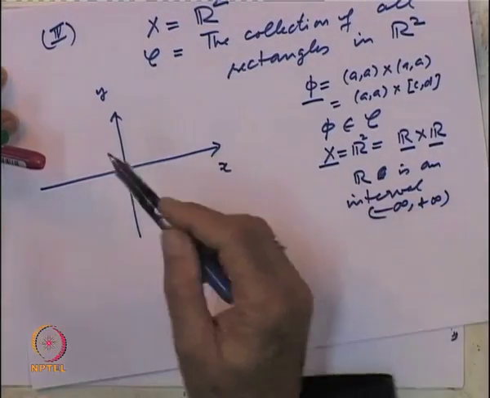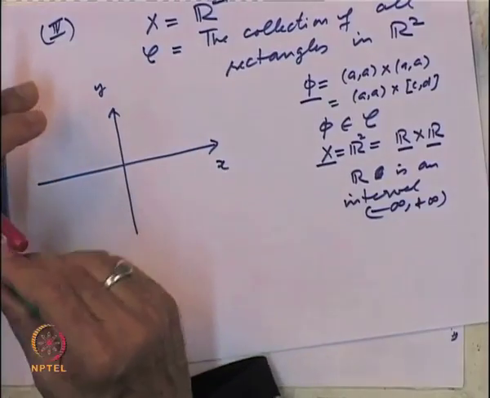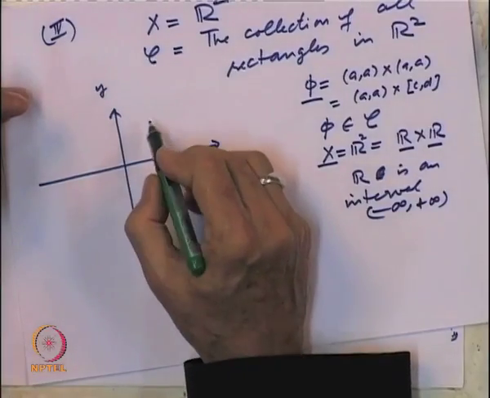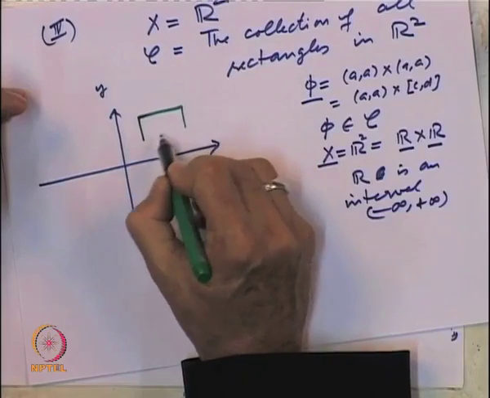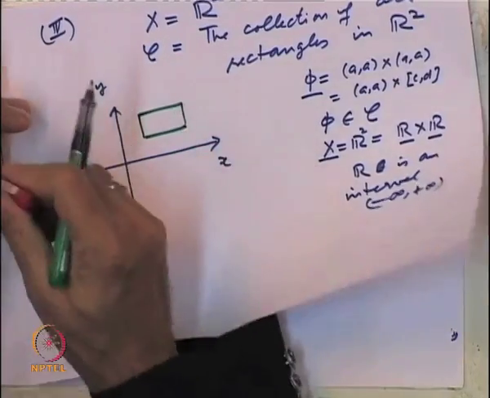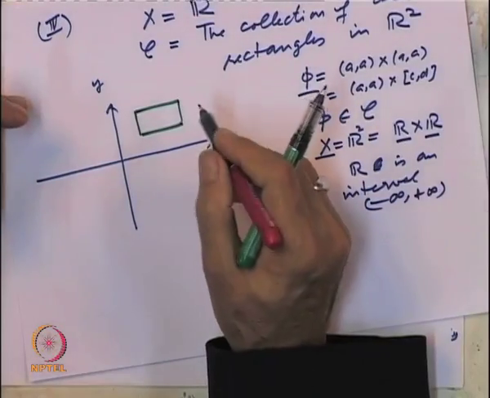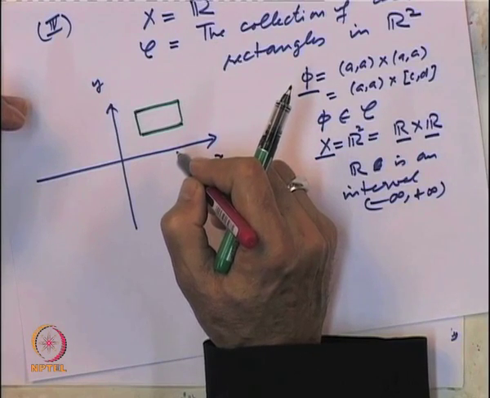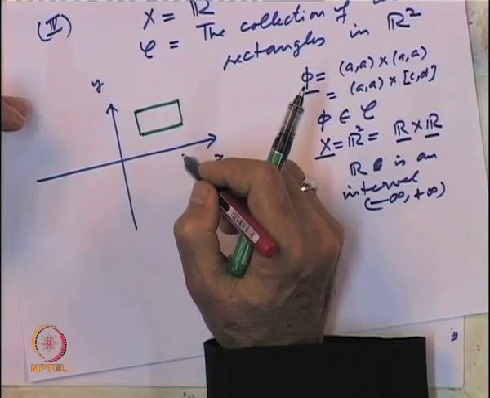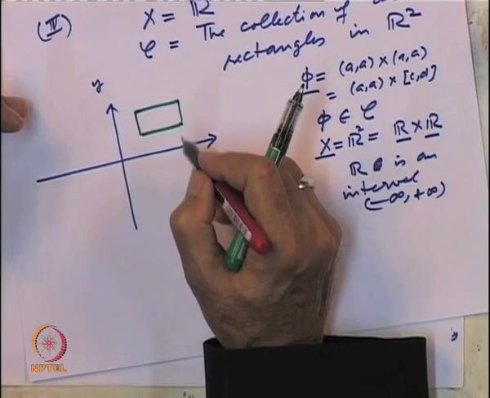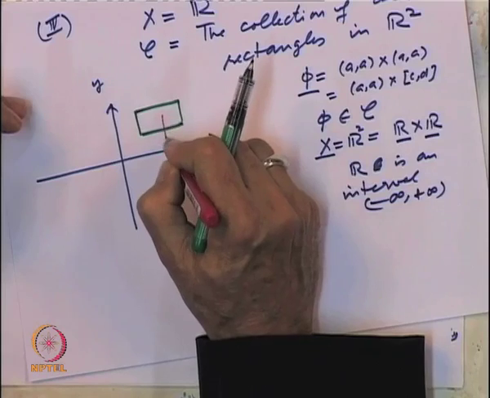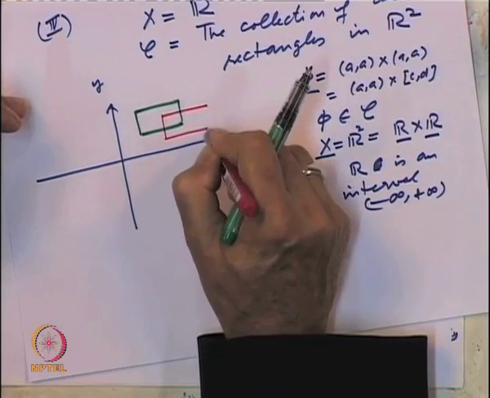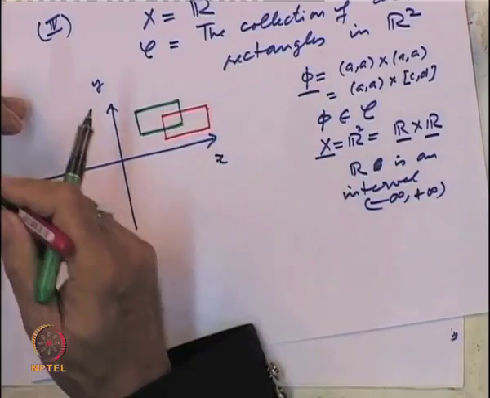Let us take two rectangles and see whether the intersection of these two rectangles is also a rectangle. So, let us take one rectangle here and another rectangle. The possibilities are they do not intersect. In case they do not intersect, there is nothing to prove, because the intersection is an empty set which is already a rectangle. So, let us take a rectangle which intersects with the earlier rectangle.